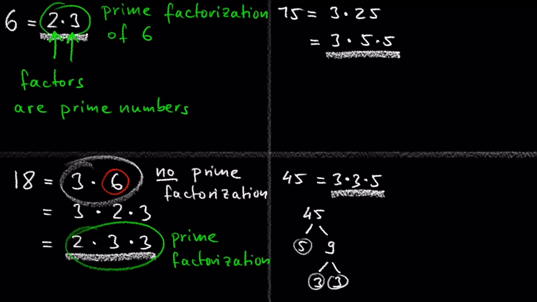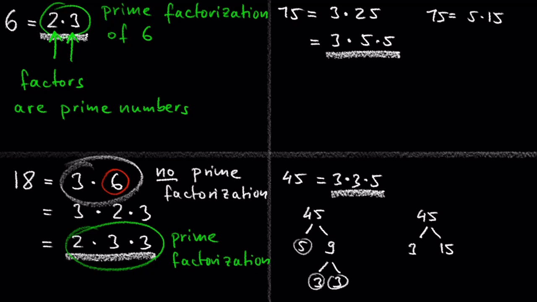What I want to add at the end is that we started to factor the 45 into 5 times 9 and 75 into 3 times 25. But what if we factor the 45 into 3 times 15 instead of 5 times 9 and 75 into 5 times 15 instead of 3 times 25?